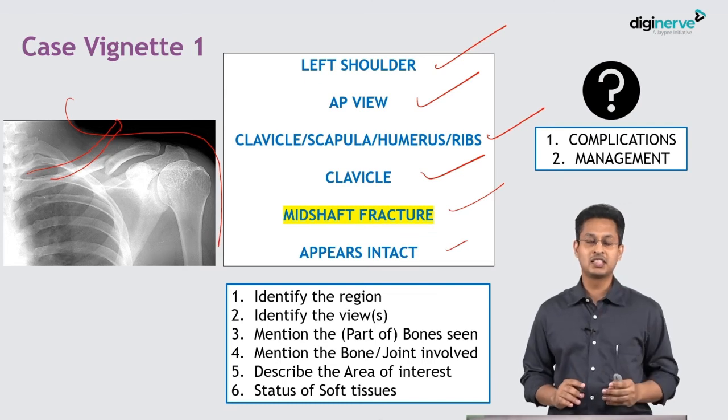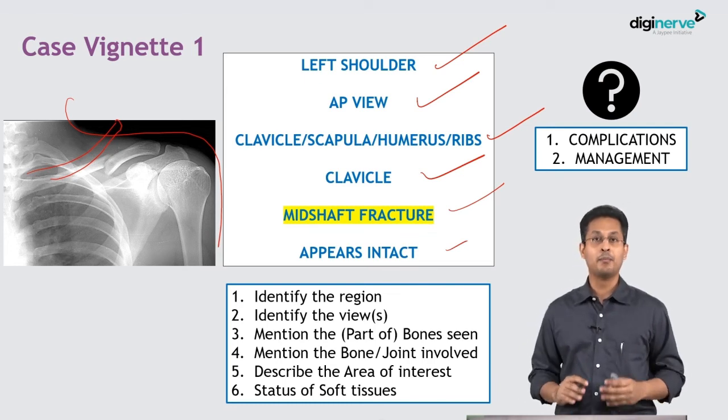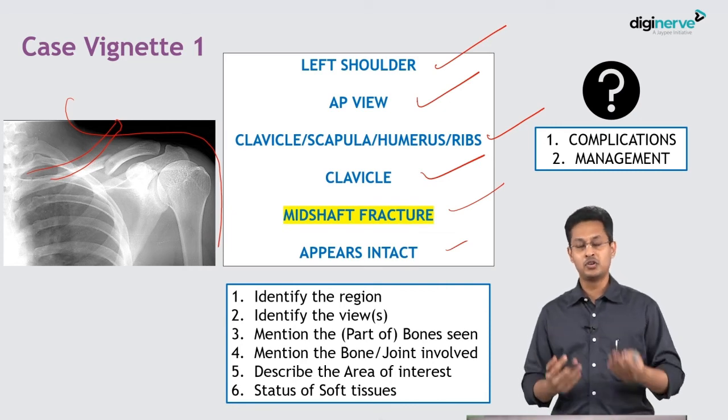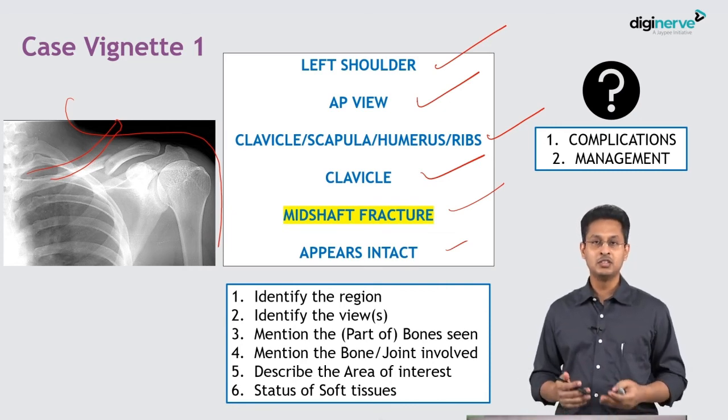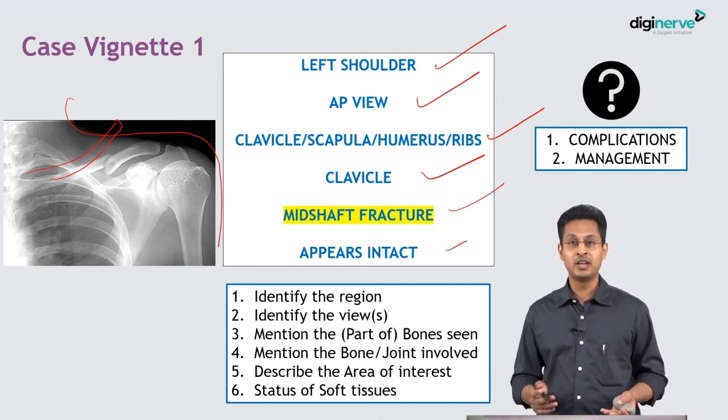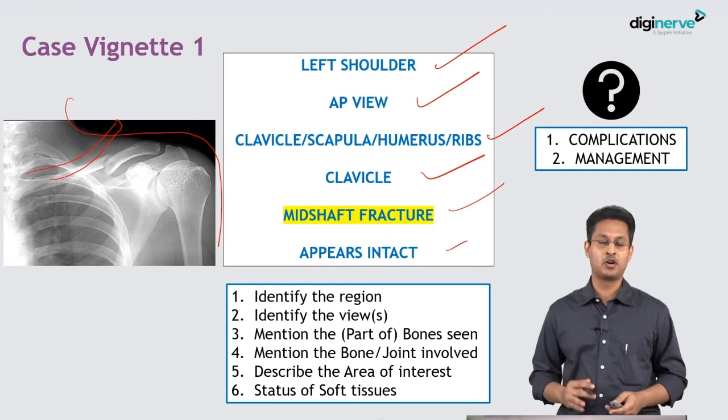The first complication is malunion. Should the fracture unite, there may be chances of uniting in a non-anatomical position, which is called malunion. The fracture may also not unite, which ends up in non-union. That is your second complication.